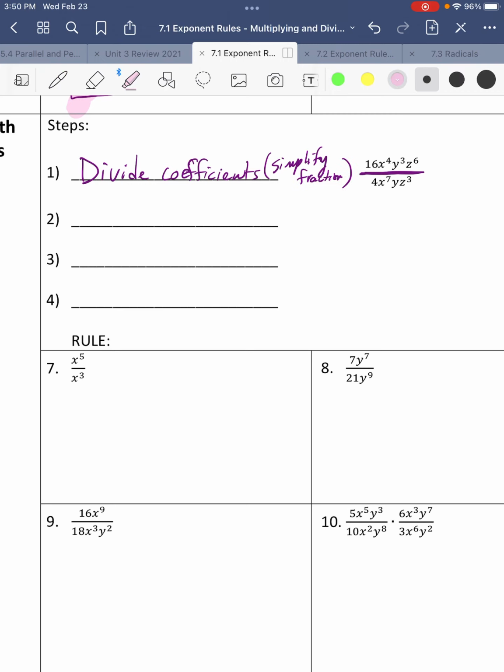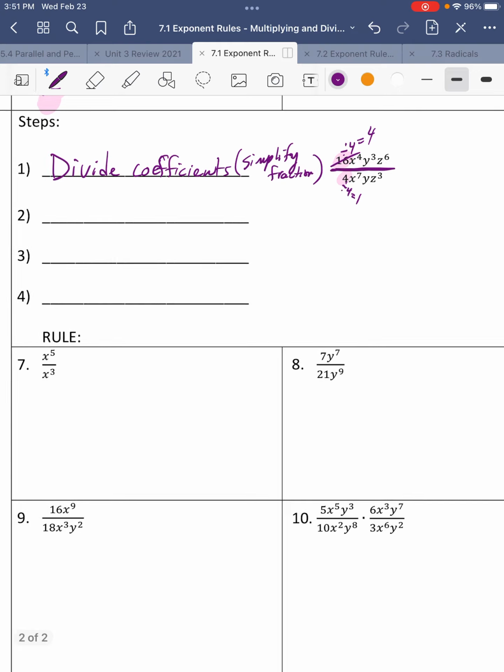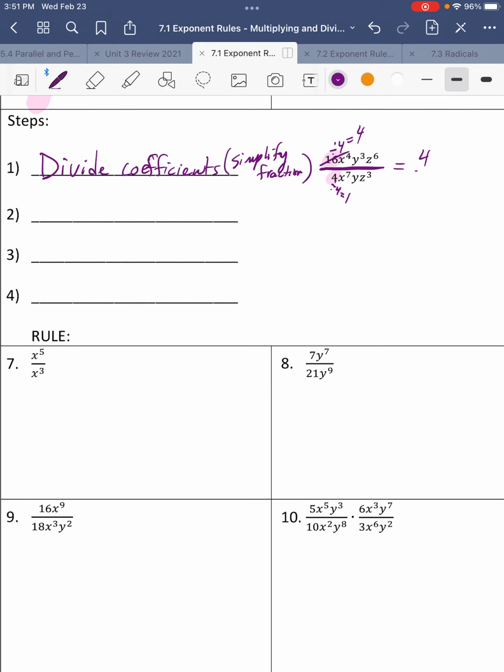So in this case, it would be the 16 and 4. 16 divided by 4 is 4. A lot of times I do write, 16 divided by 4 is 4, 4 divided by 4 is 1. So right now I have a 4 in the numerator and a 1 in the denominator.